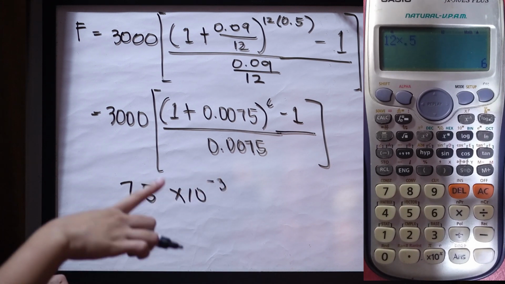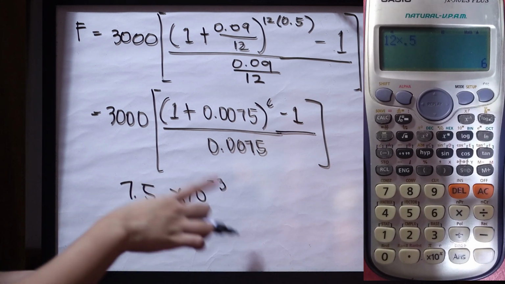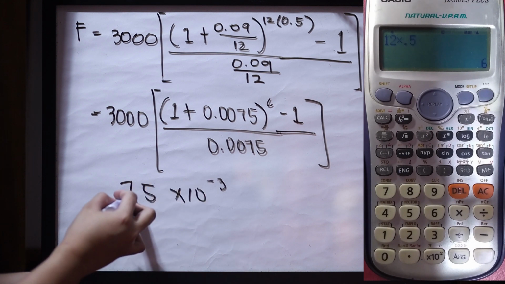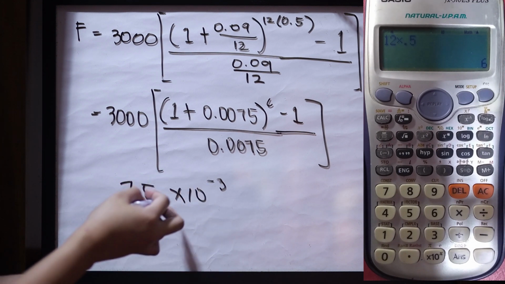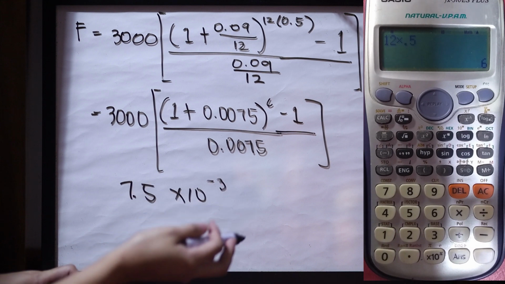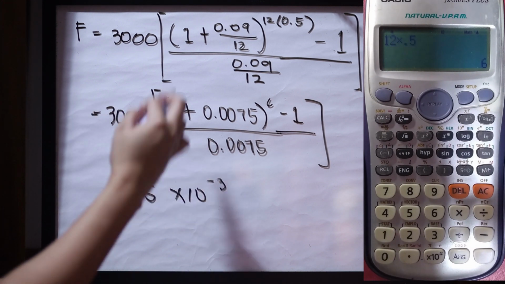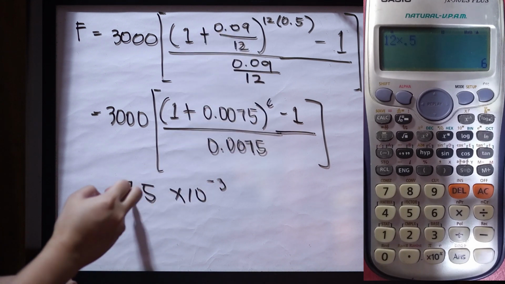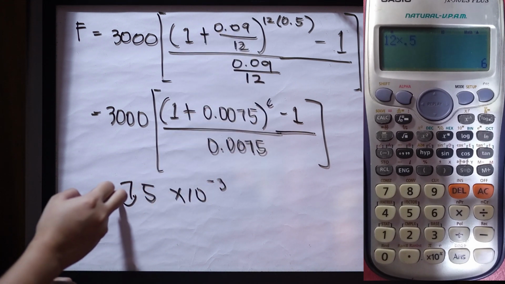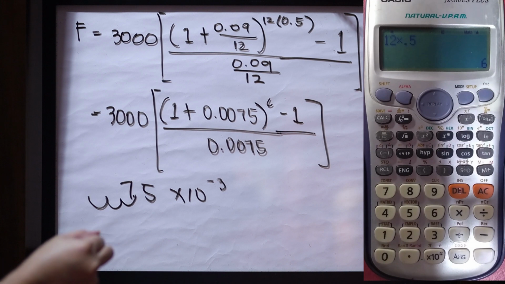Paano mo i-rewrite tong scientific notation na to? I-move mo daw yung decimal places 3, three decimal places papunta sa left. Bakit papunta sa left? Kasi it's negative. Pagka positive, papunta sa right. So, dahil negative, edi 1, 2, 3. Kaya ko nakuha yung 0.0075.